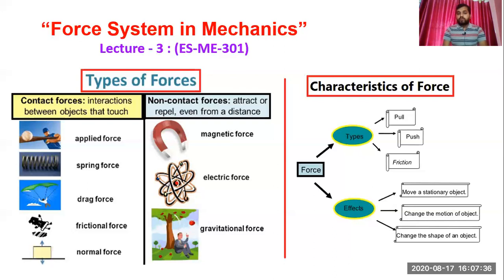Because as per Newton's third law, every force has an equal and opposite reaction. How much opposite, how much equal, all these understanding we will have after the end of today's lecture.